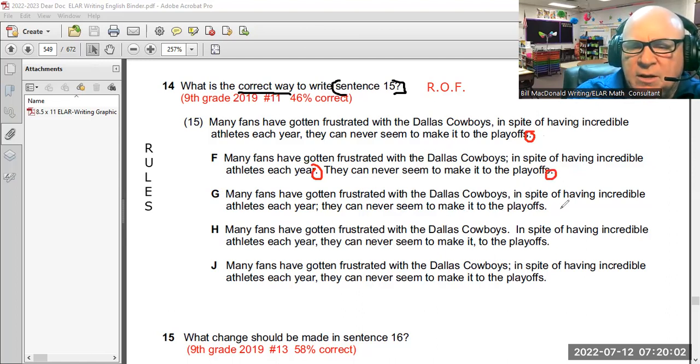Letter G only has 1 stop sign. Letter H has 1, and letter J has 1. Then I'll switch to yellow for my slowing down punctuation, so I can make sure I either do something different or say something different when I'm reading those questions.